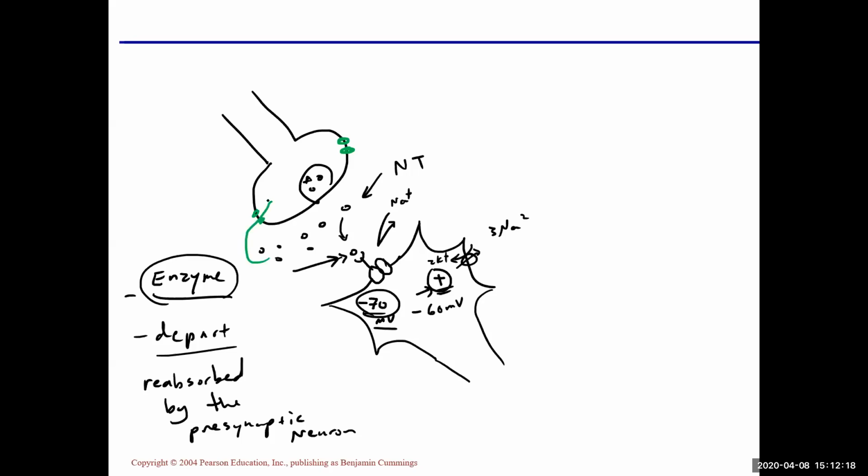So in other words, you're recycling things, putting the neurotransmitter back into these vesicles, ready for the next action potential to come in to be released and so on. So another one is reabsorption, sometimes known as the reuptake mechanism.